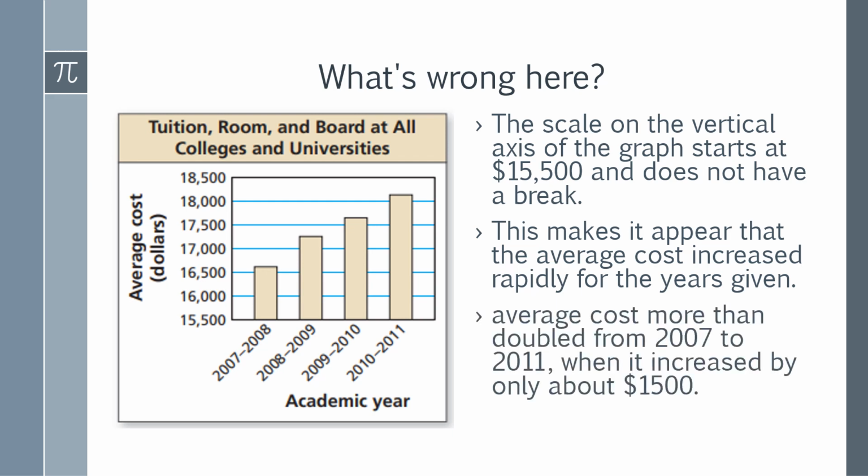The last thing, average cost of tuition. The average cost appears to more than double from 2007 to 2011, when it only increased about 1,500. So that's just us identifying it. So nice work so far. If you were able to get those things on your own, good work.